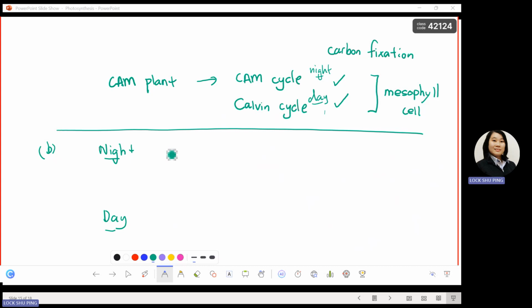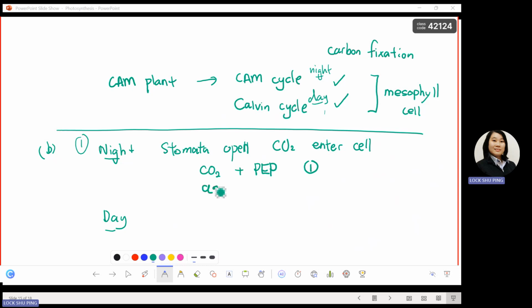So at night, stomata open. Okay, so this one, 1 mark. So carbon dioxide enters the cell. So this one, we're going to give you 1 mark. Okay, so when carbon dioxide enters, it will bind with the PEP, 1 mark, forming oxaloacetate, 1 mark.